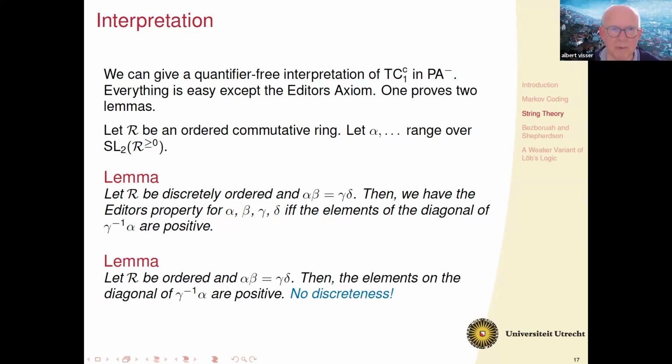So the consequence of this is that we do have a good theory of Ur strings, and hence also a theory of sequences, and so this gives us a new proof of the sequentiality of PA minus.